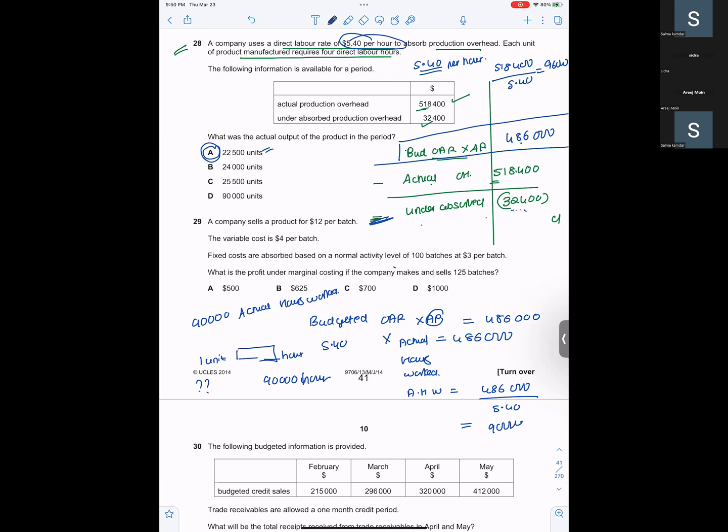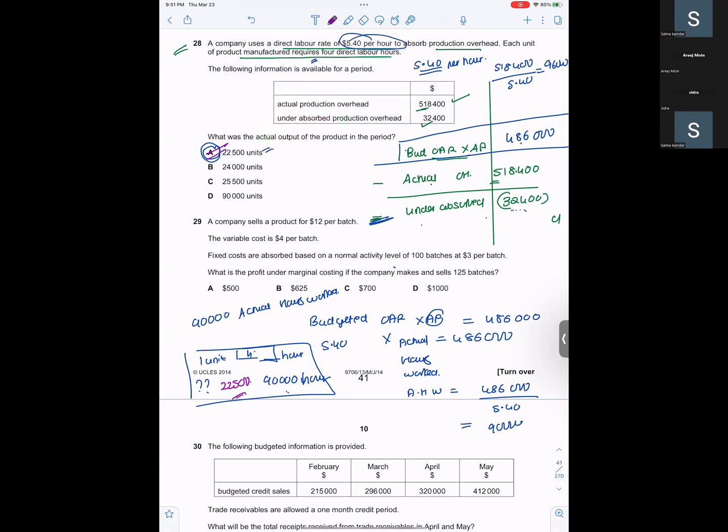Each unit of product manufactured requires 4 direct labor hours. So in 90,000 hours, how many units will I make? 90,000 divided by 4, 22,500 units.